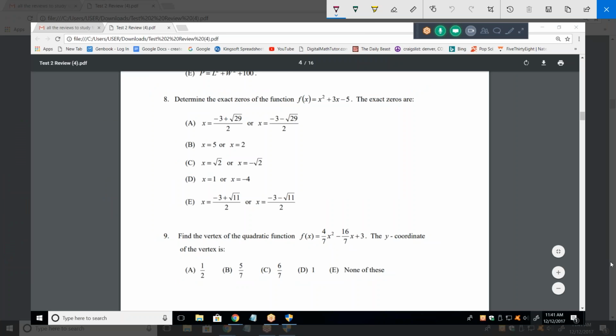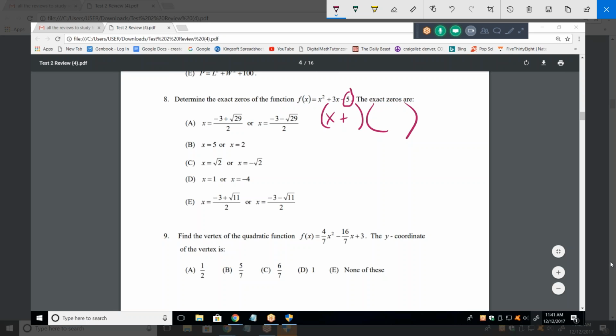So, can you factor that? Yeah. Into what? X plus 2, or not 2, 3. The numbers have to multiply to 5.